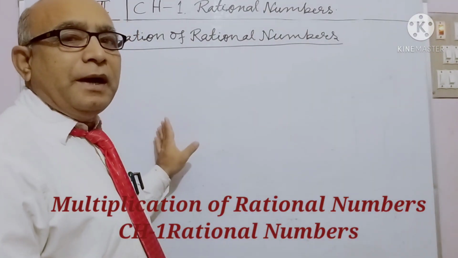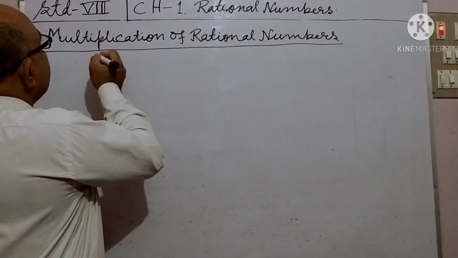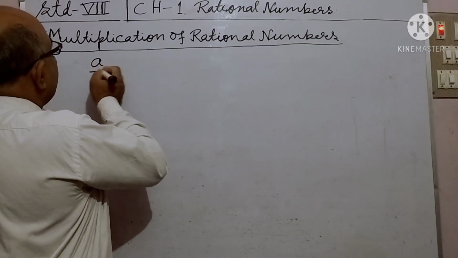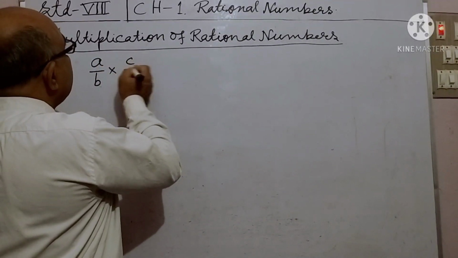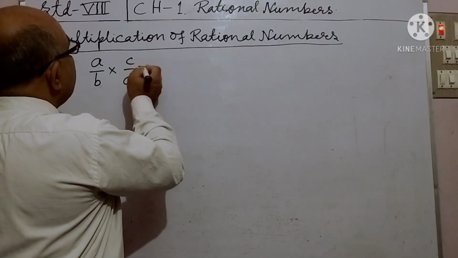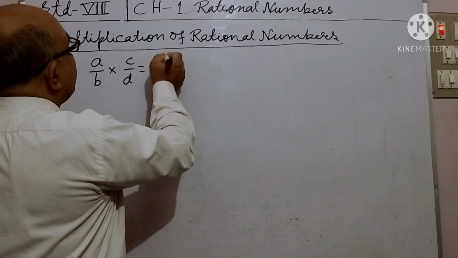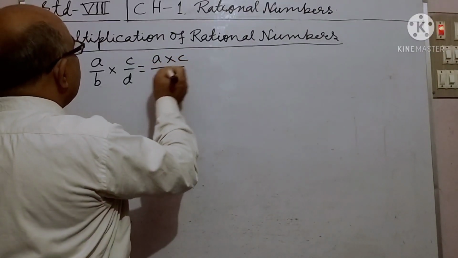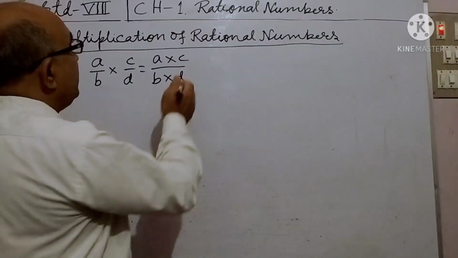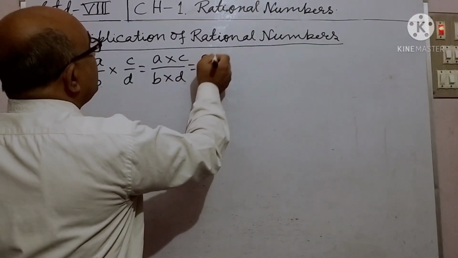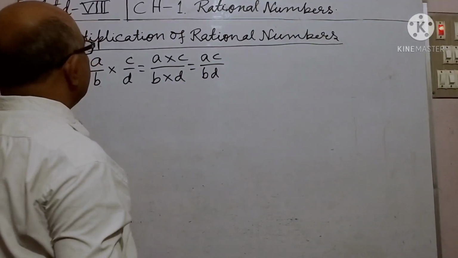If a by b and c by d are two rational numbers, then a by b multiplied by c by d is equal to numerator multiplied by numerator, so a into c, by denominator multiplied by denominator, b into d, equal to ac by bd.